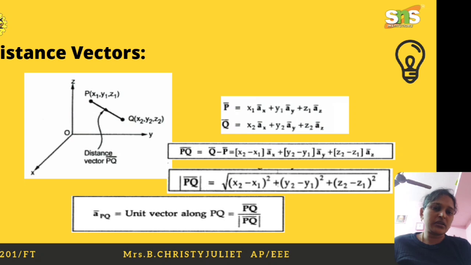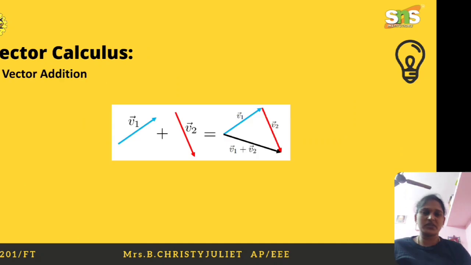Here we find the distance vector by subtracting both the values. So the distance between p and q is given by pq divided by mod pq, the formula which we have seen already.